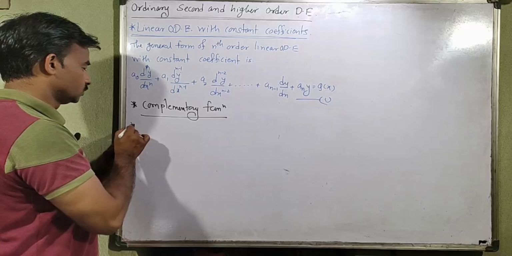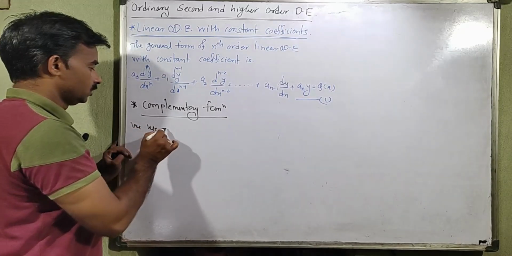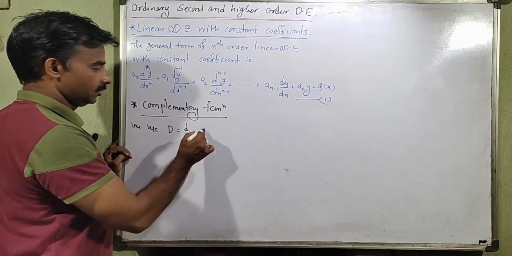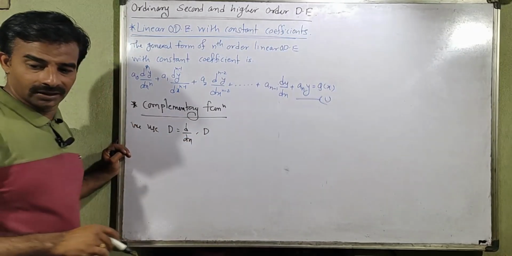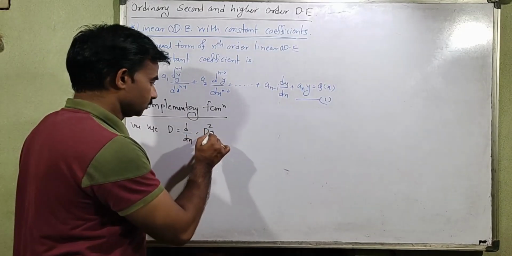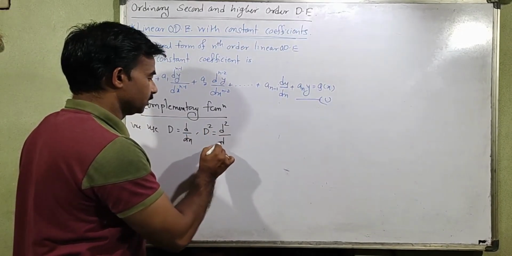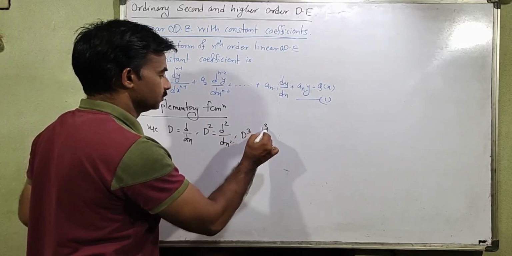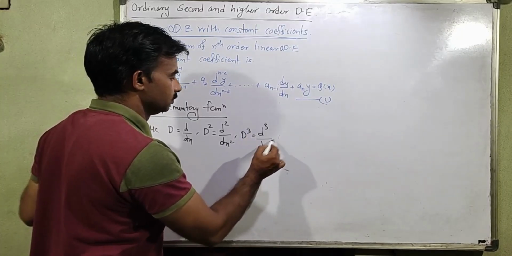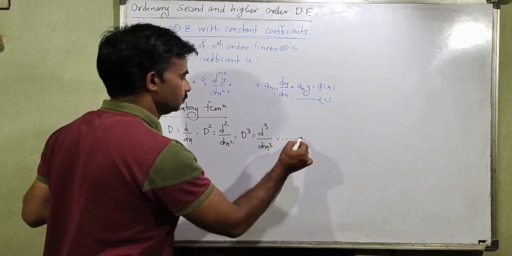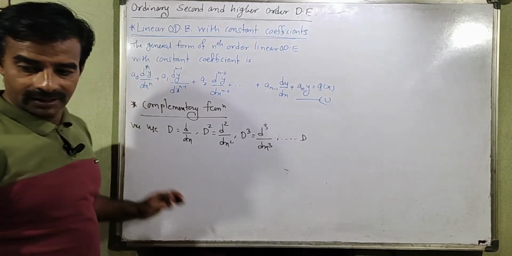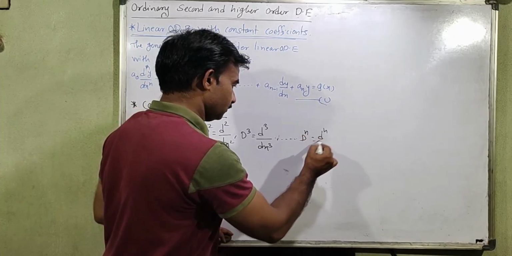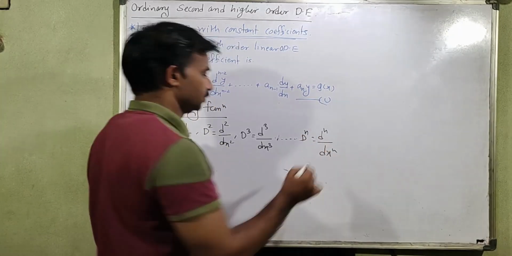We use D equal to d/dx, then D square equal to d2 divided by dx square, D cube equal to d3 divided by dx cube, and so on up to Dn, which is equal to dn divided by dx raised to n.